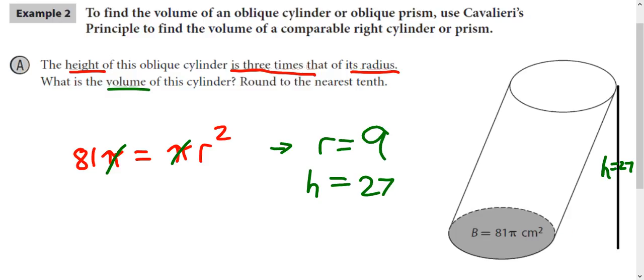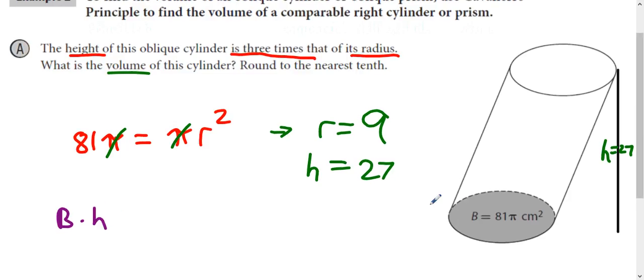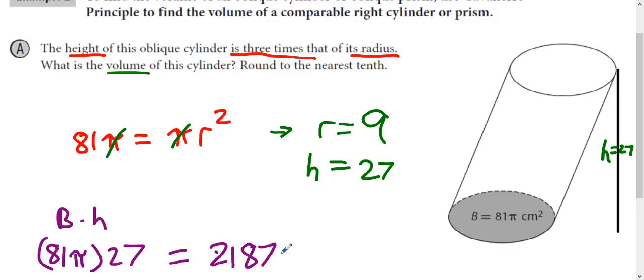So to find the volume, we do the area of the base times the height. The base is 81 pi, and the height is 27. So we multiply that out. 2,187 times pi.